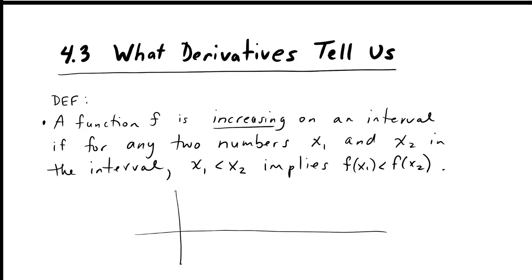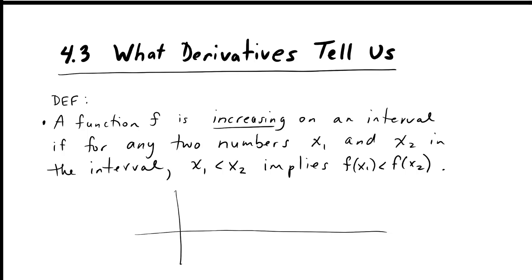All right, so we have a relatively formal definition in order to characterize what we probably think we know about what it means for a function to be increasing, but let's look at what it says. A function f is increasing on an interval if for any two numbers x1 and x2 in the interval, x1 less than x2 implies f of x1 is less than f of x2.